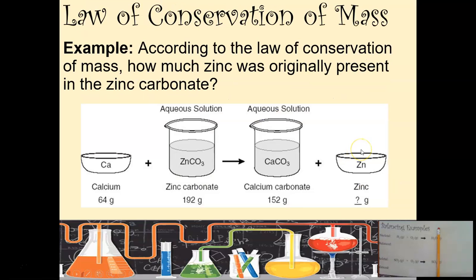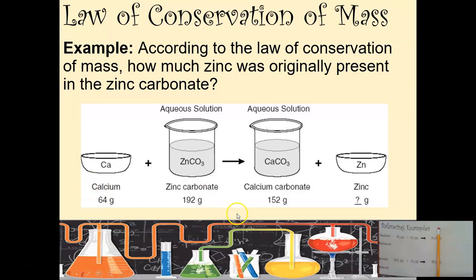So looking at this problem for the law of conservation of mass, how much zinc was originally present in the zinc carbonate? So here we have calcium and zinc carbonate being added together in the reactant. Over here in the product, we have calcium carbonate plus some zinc. So what I want to know, how much zinc was left over? Well, the law of conservation of mass says that what you start with, you have to end with.